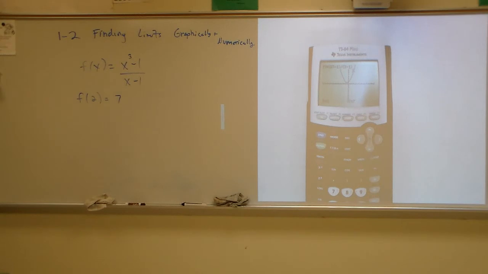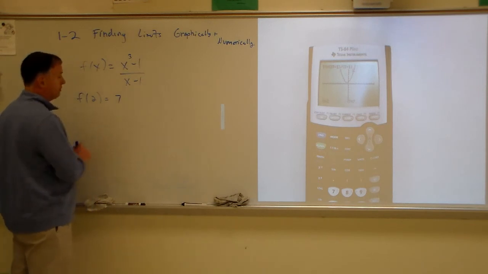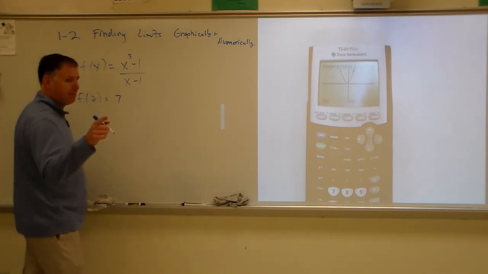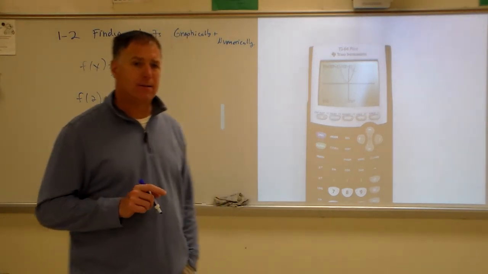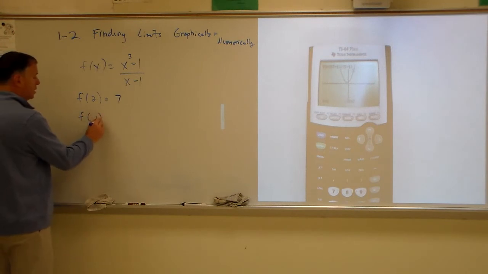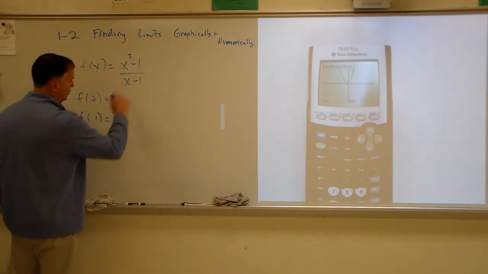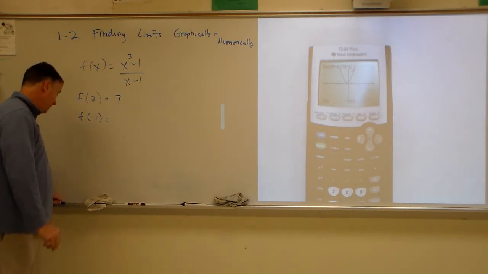And if you look at this function, we could learn a lot about this function by plugging in numbers. But what would happen if I plugged in a 1? Well, let's look up here. I get a 1 minus 1 on the bottom, which means it's undefined.